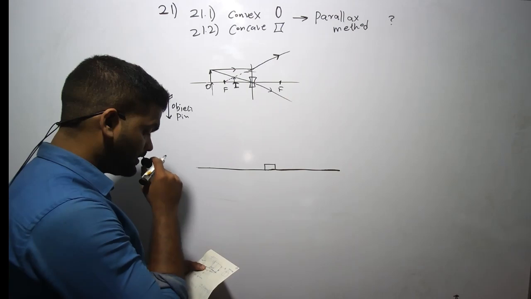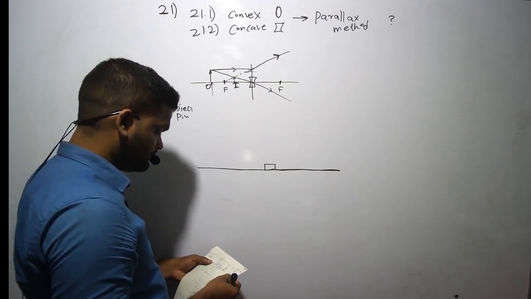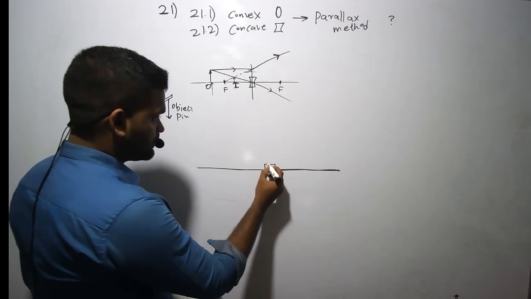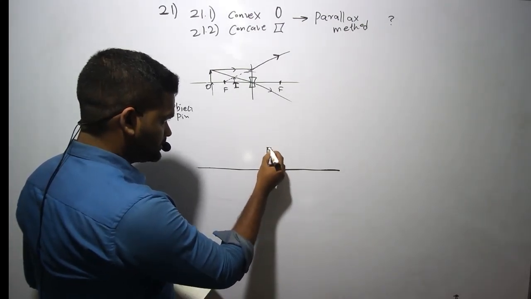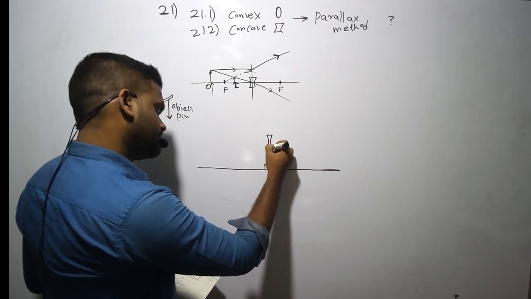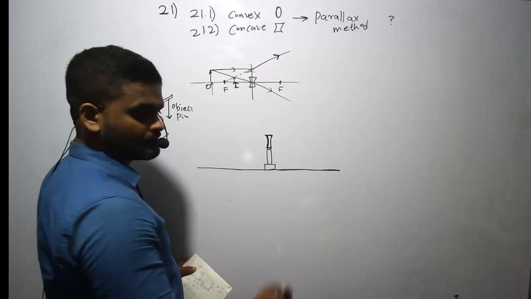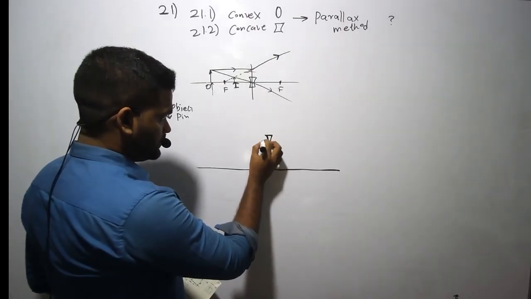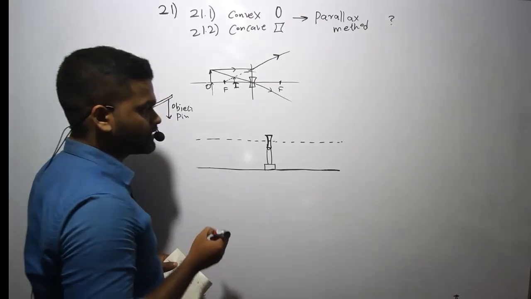Okay. So here, this is the mount. Then you place the concave lens here. Then let's say this is the principal axis, right?